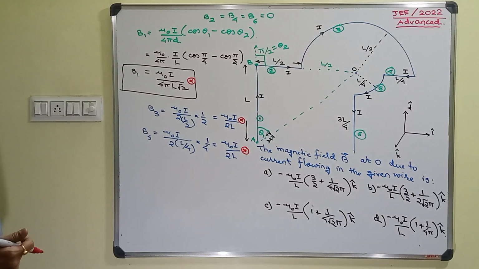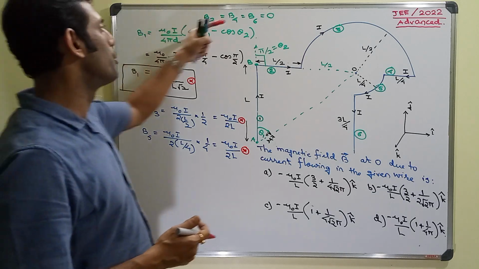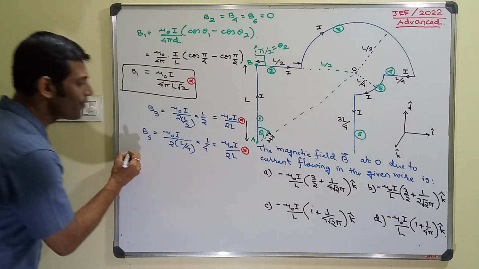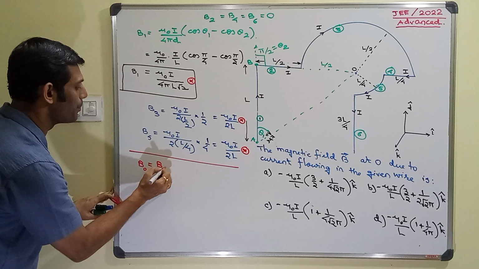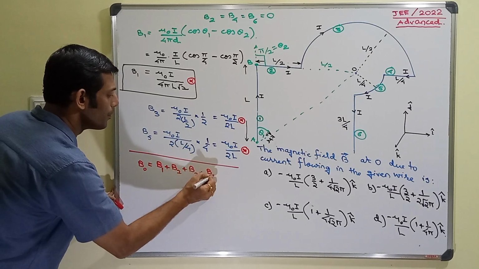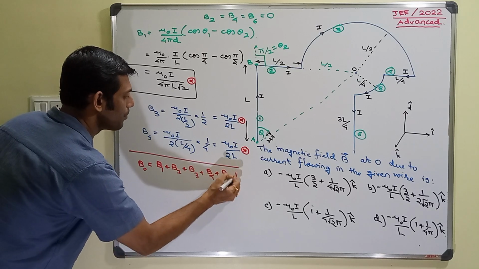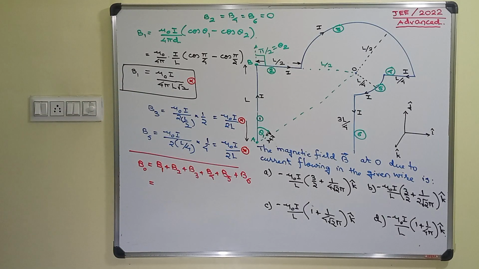Now, you are having all the 6 fields available, B1, B3, B5, B2, B4, B6. So therefore, the net field at point O would be simply B1 plus B2 plus B3 plus B4 plus B5 plus B6. Effectively, what is it going to yield?